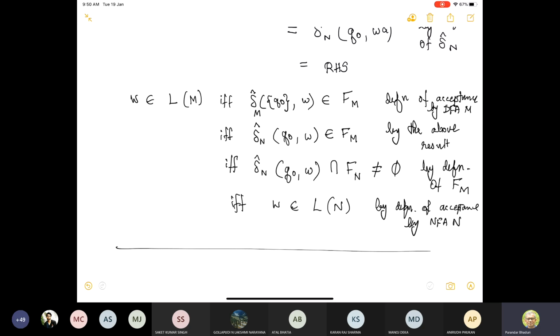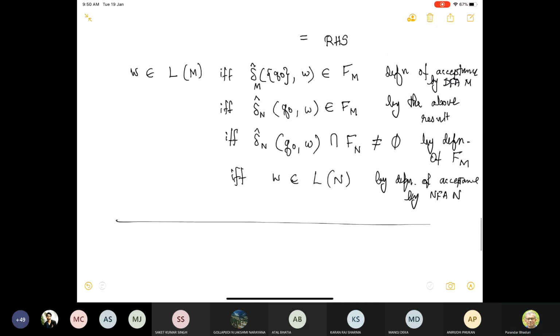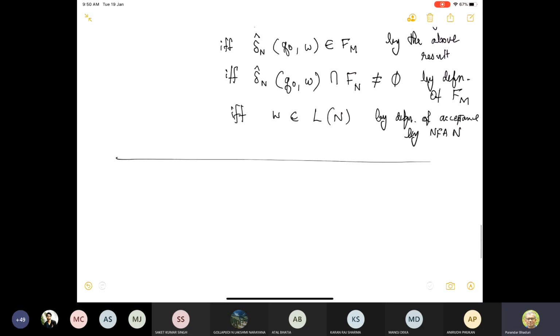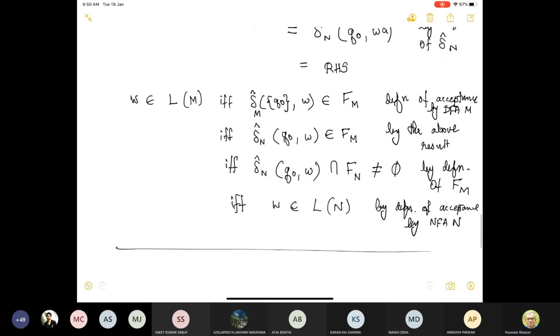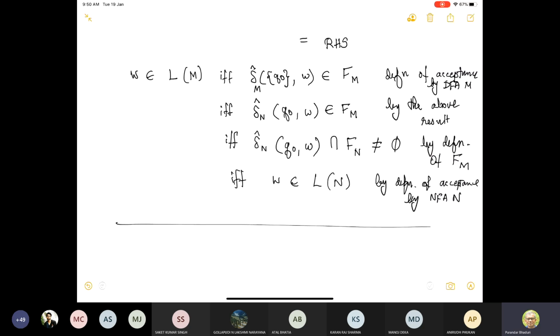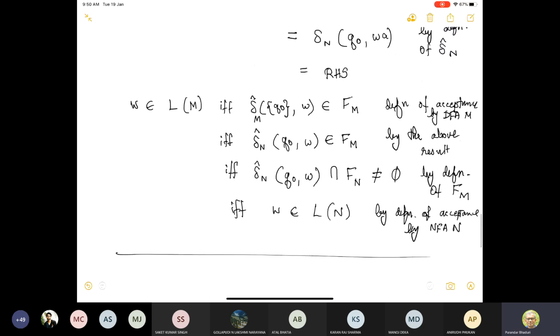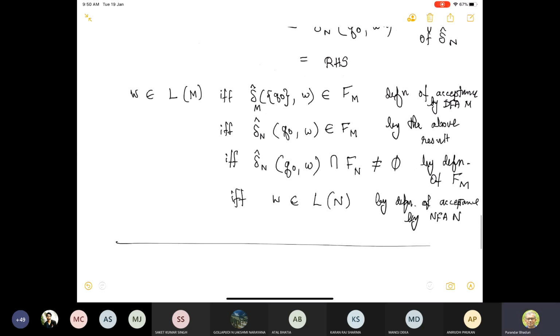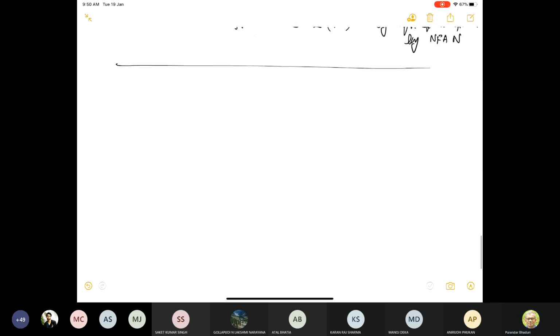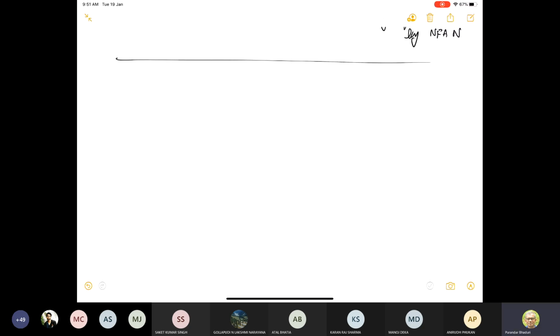This is one of the most important results in the theory of finite automata. And it's essential that you understand the proof, right? And this course is all about proofs. So you should understand this proof thoroughly. And if you spend some time, that'll be well worth the effort.